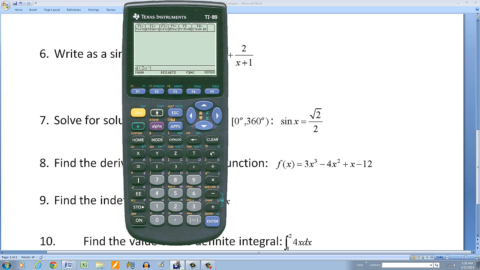Okay, so this is 3x to the third minus 4x to the second plus x minus 12.